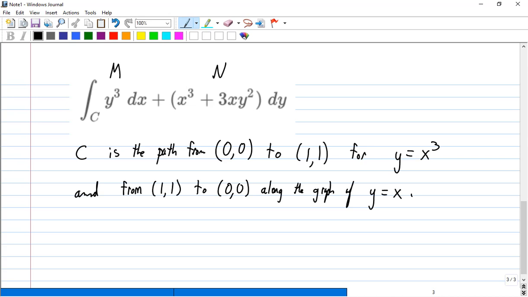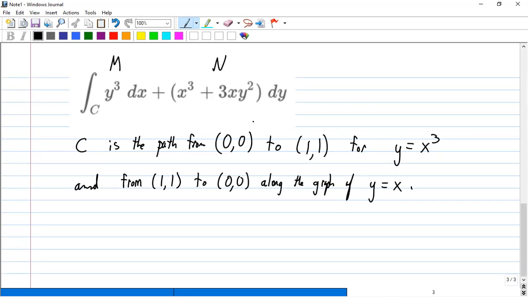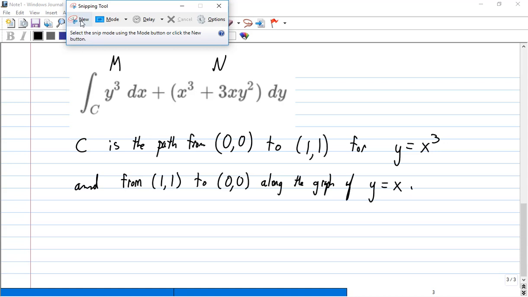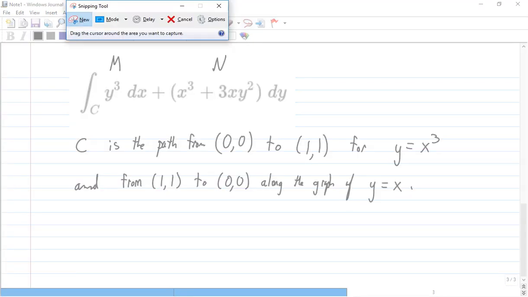So if you think back, I believe we've either worked this exact same problem using line integrals, maybe it was y equals x squared and y equals x cubed. But let me show you the picture and maybe this will jar something loose from your brain.